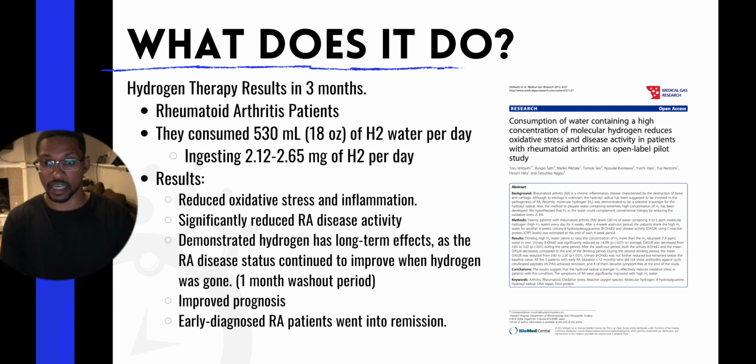What they found is that in the month they weren't drinking hydrogen water, the disease activity or the inflammation in their body did not go up. It actually stayed the same or slightly improved, which was phenomenal because they're not drinking hydrogen water. So what's going on? The hydrogen's not in them. So how is it still benefiting?